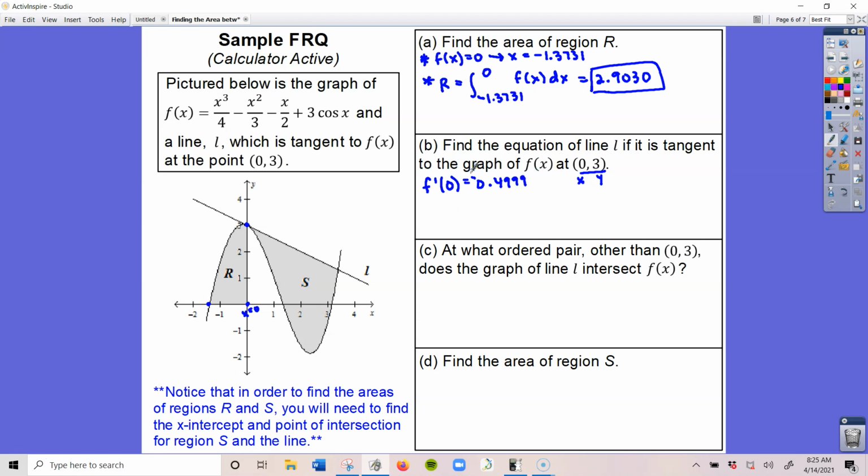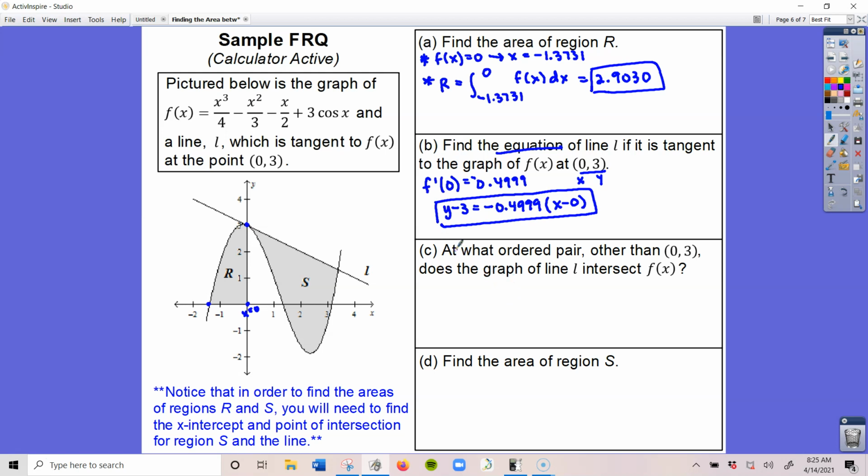So now when I write the equation of the line, it would be y minus 3, because of my point of tangency, is equal to -0.4999 times x minus 0. And this would be the equation of that line.